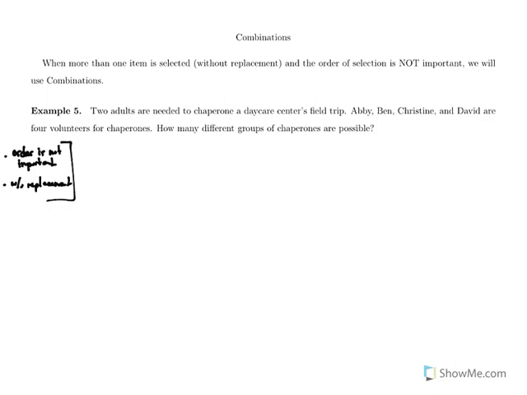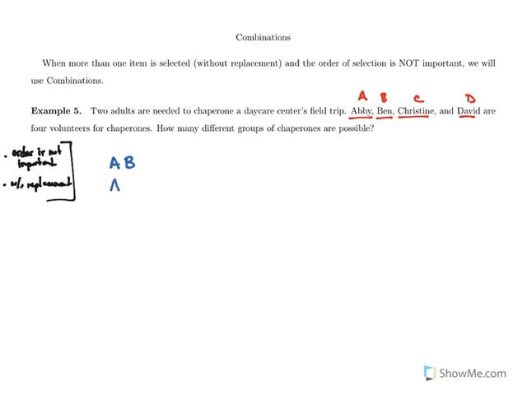We'll talk about combinations a little bit. Let's just reason this problem out real quick. For some exercise here, I'm going to call Abby A, Ben B, Christine C, and David D. So let's think about all the different groups that we could have. Well, we could have Abby and Ben.